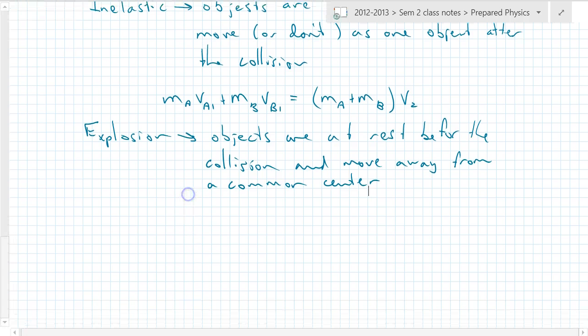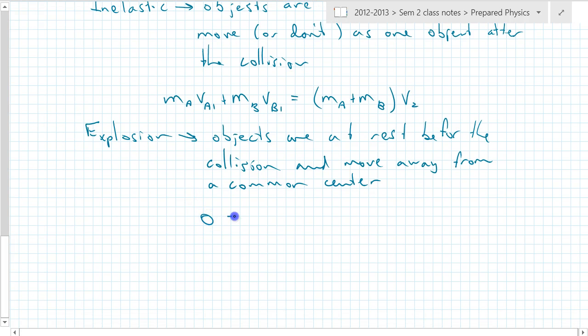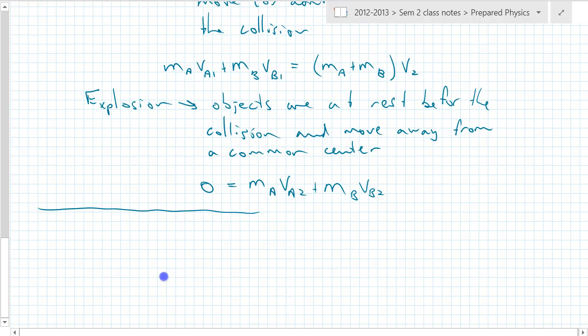And then you'd actually have no momentum beforehand, unless you have things that are moving before the explosion, which would just be adding unnecessary complexity. So we'd have 0 equals MAVA2 plus MBVB2. So those are the collisions and explosions.